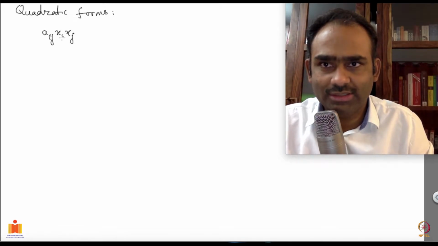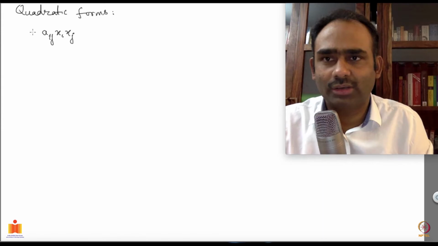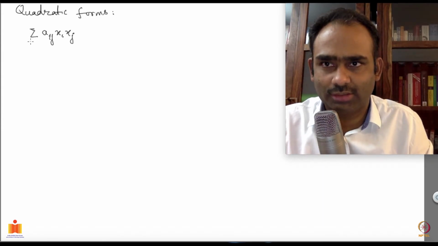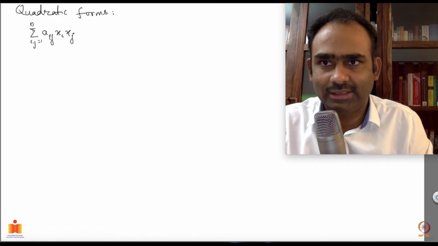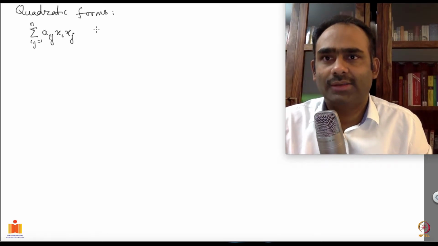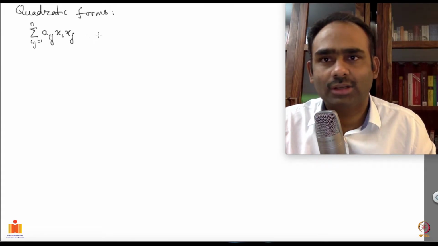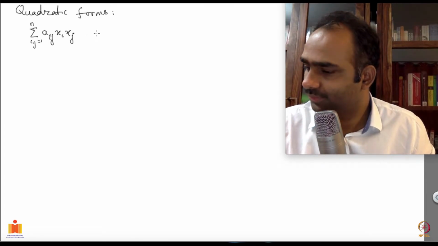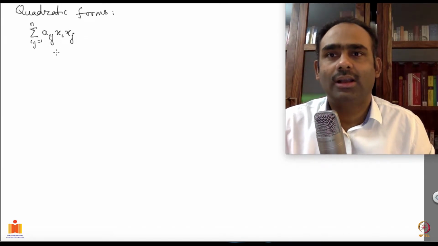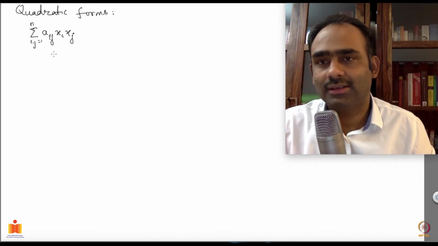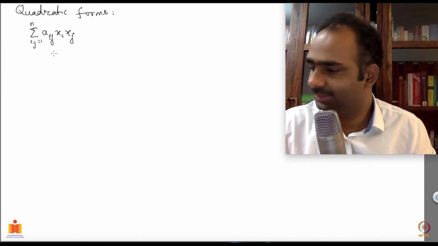Then this quantity is called a quadratic form. Here there is a summation over all i and j. I'm looking at n-dimensional vectors and n by n matrices. Now this is called a quadratic form, and of course your A_ij's will form a symmetric matrix.